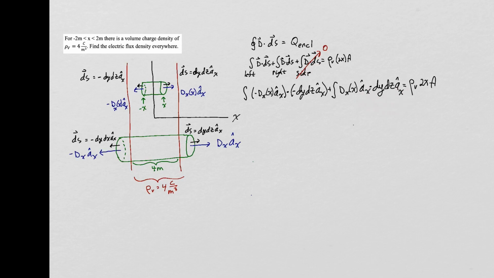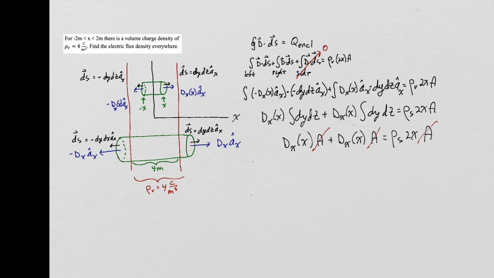The electric flux density fields are constant on the faces, so we can factor those out of the integral. So this integral over the left-hand face will just be our area A, as will this integral over the right-hand face. So we can divide through by A.